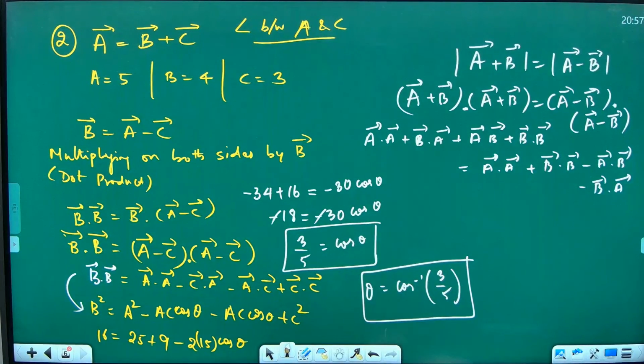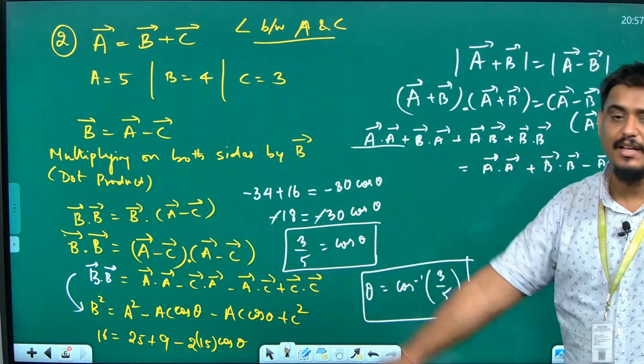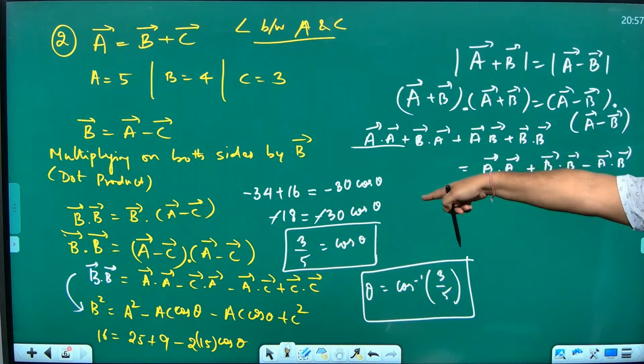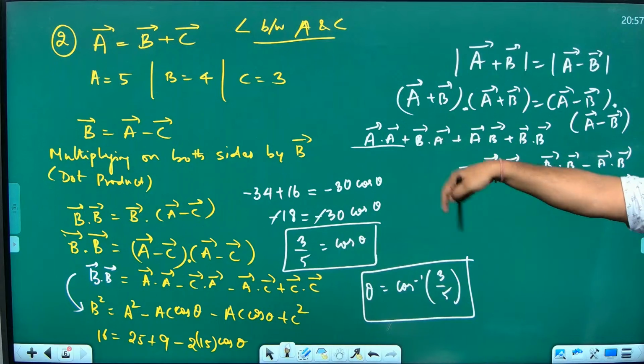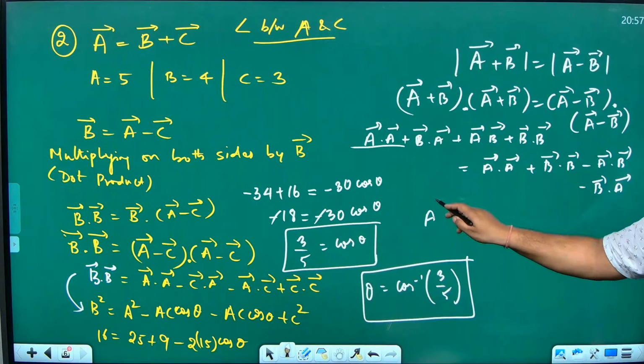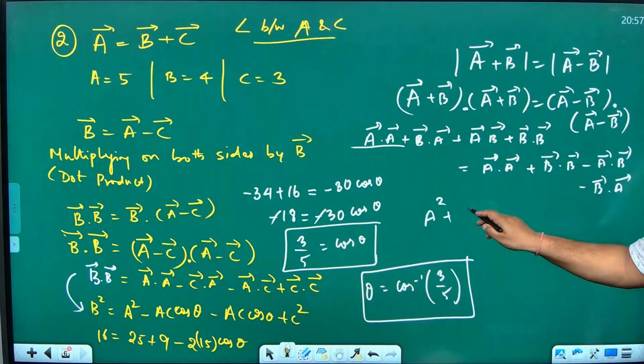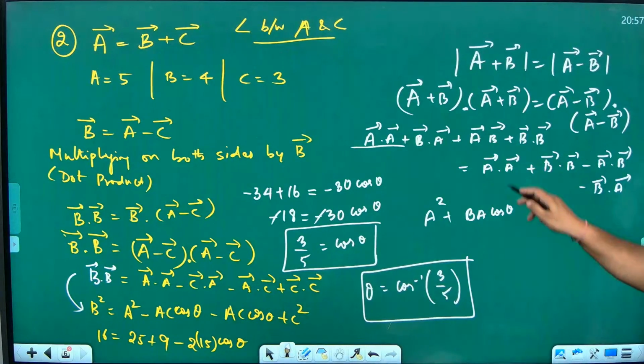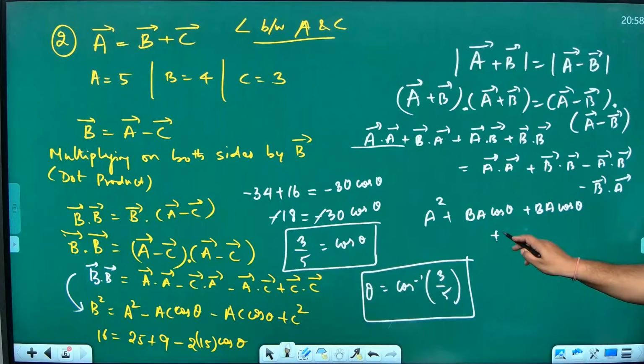After that, what is A dot A? A square, same logic, A's magnitude into cos 0, so it will become A square plus, what is B dot A? BA cos theta, isn't it? What is A dot B? BA cos theta plus B square.